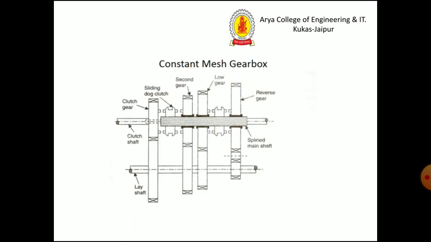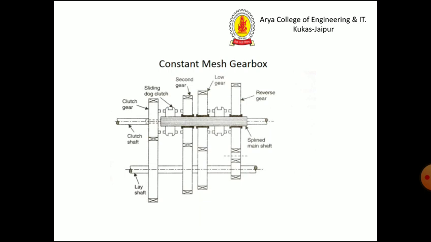It is like the sliding mesh gearbox, but the difference is that all the gears on the main shaft, splined main shaft and lay shaft are always meshed with each other, but the gears on the splined main shaft are not directly attached to the spline of the main shaft.